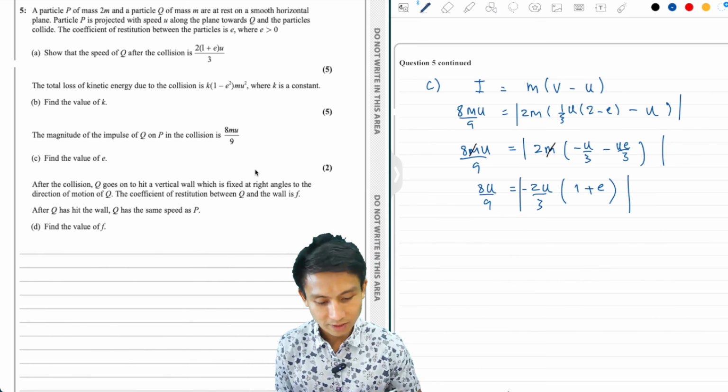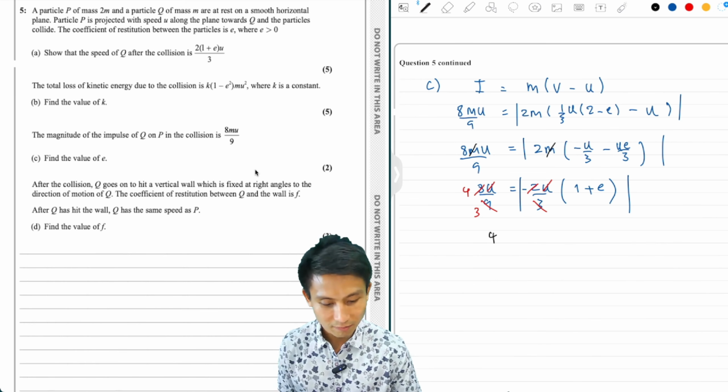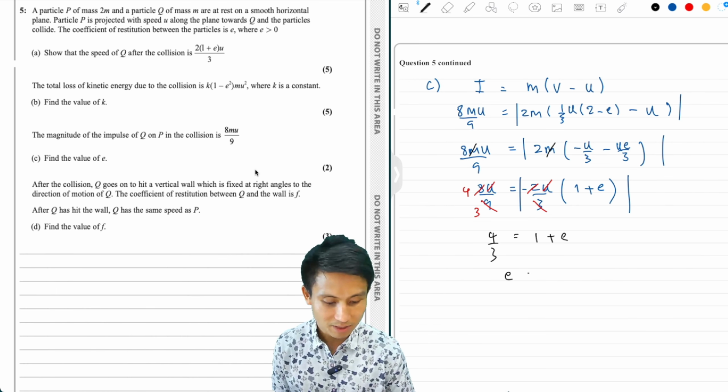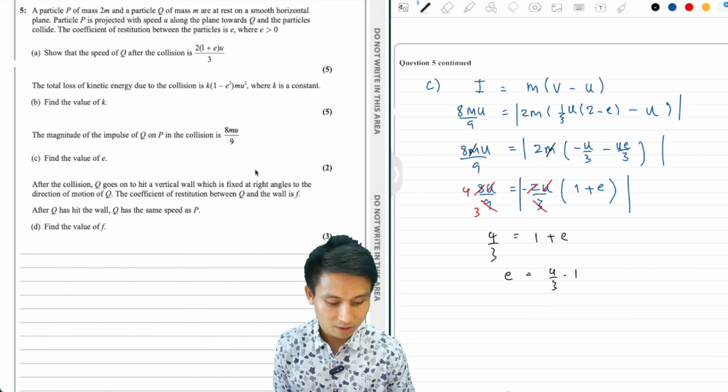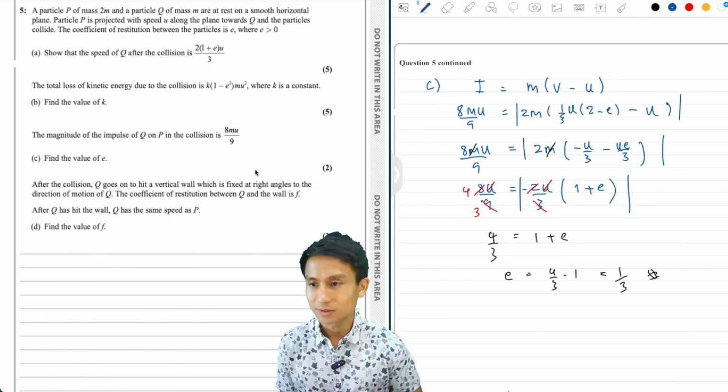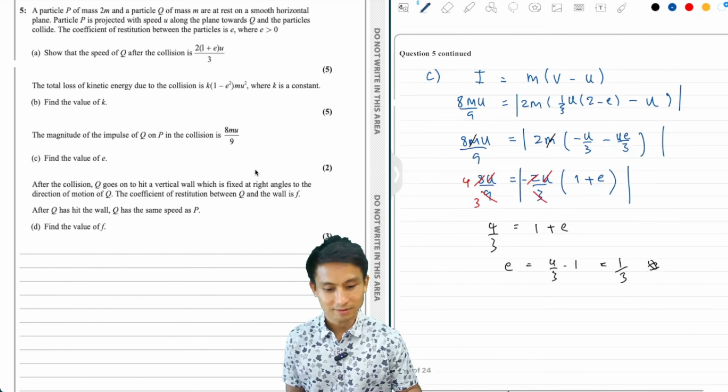Minus u over 3. Okay, and you can cancel the u here. You can cancel the 3, I get 3 here. Cancel the 2, I get 4 here. So that is saying 4 over 3 equals, now we take the minus out because that's absolute, 1 plus e. That means e equals 4 over 3 minus 1 equals 1 over 3, right? There you go. Okay, so that's part C done.